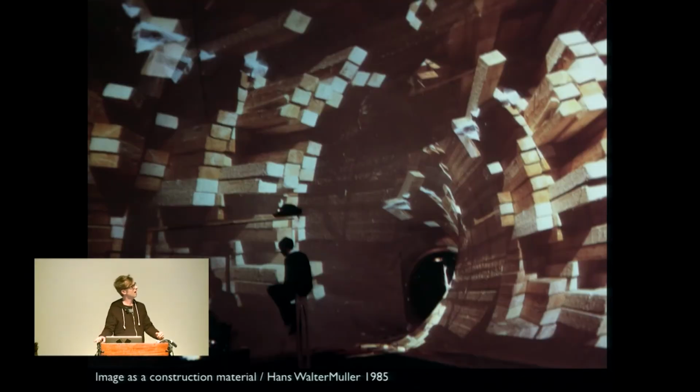I keep on going. Again, a project by Hans Walter Müller. And here, actually, the space is an inflatable bubble. So it's a plastic bubble. But as you can see, it's made of wood, which means that by means of video mapping, with the help of projecting video, you can change the texture, the materiality of space.